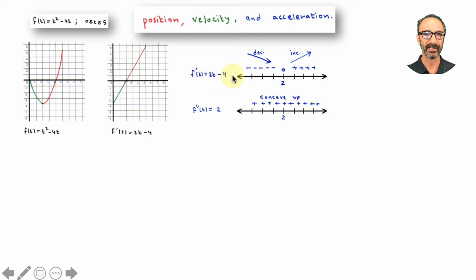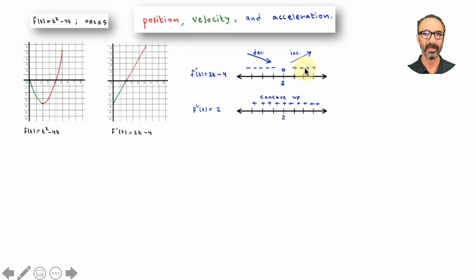Also, as a hint, if f prime is negative on an interval, that means the graph originally, which is f of t, is decreasing. And if it's positive, the graph is increasing. In this case, we're looking at f of t, which is position, velocity, and acceleration.